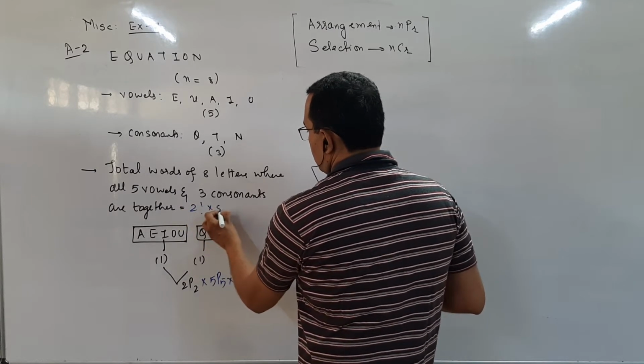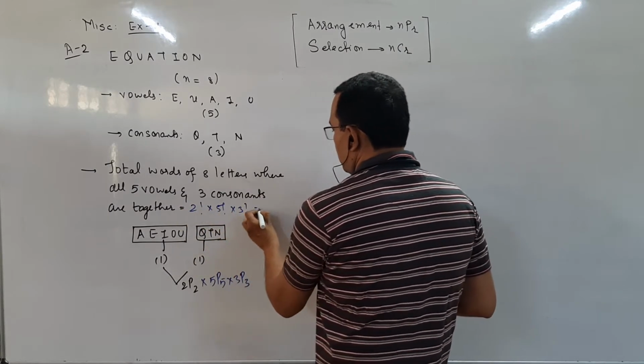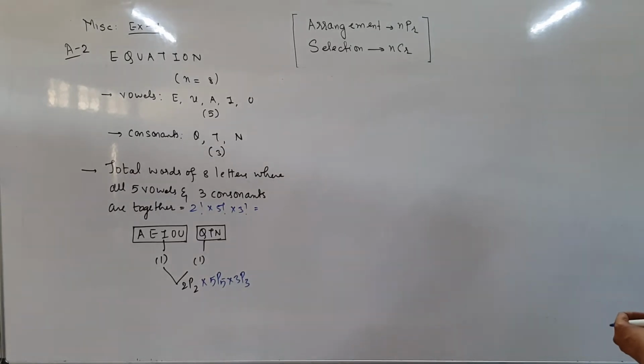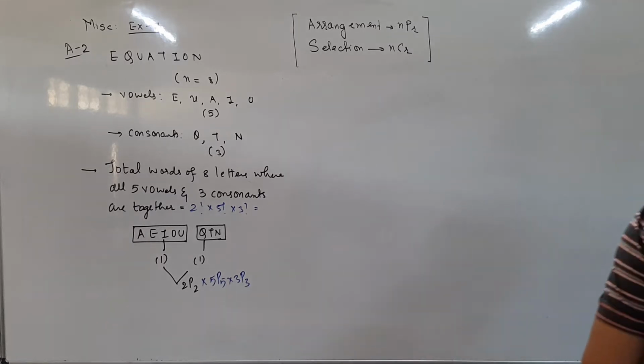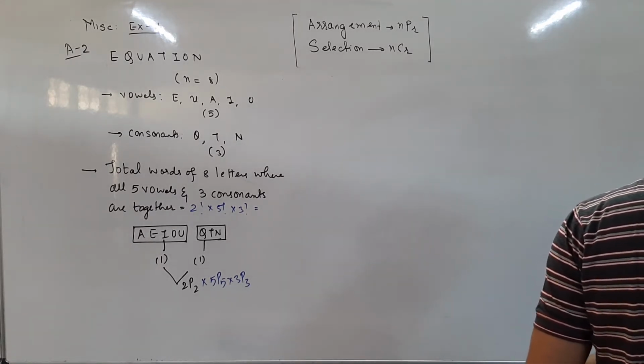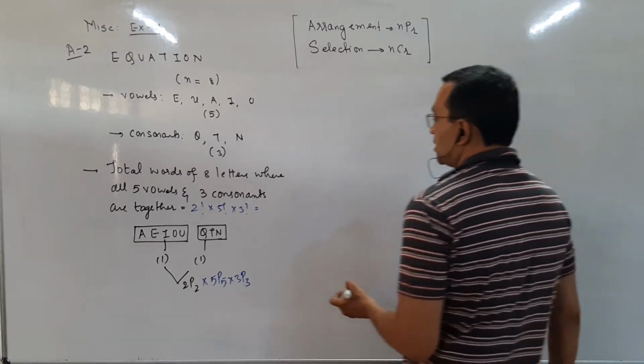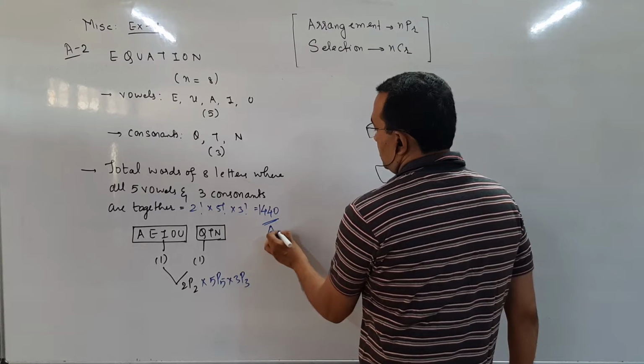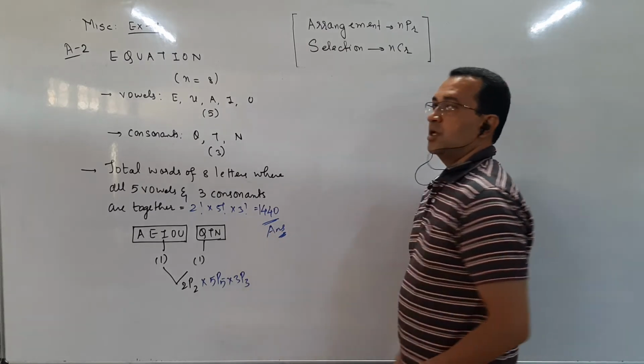So total answer is 2 factorial into 5 factorial into 3 factorial, 2 into 120 into 6 into 2 is 120 into 12, so 1440. This is, students, our answer.